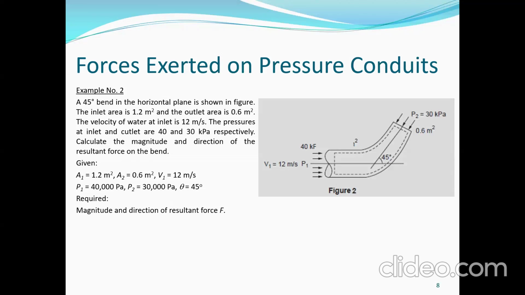So required is the magnitude and direction of resultant force. See the drawing? Ito natin sa next slide.